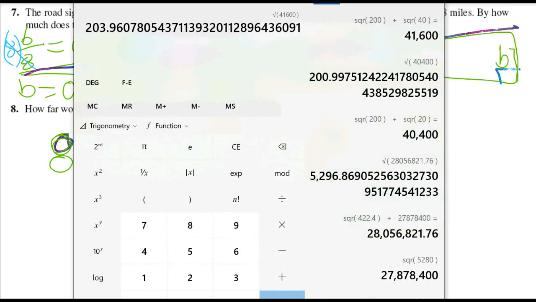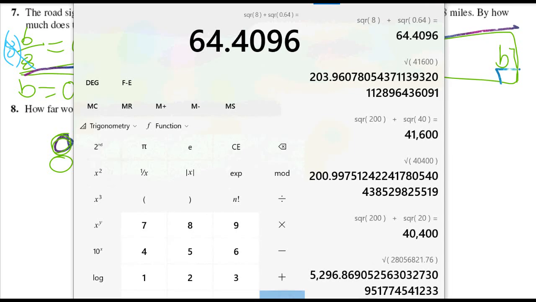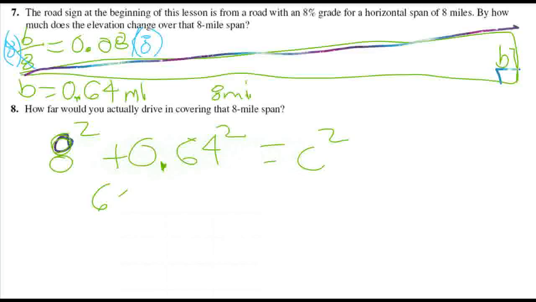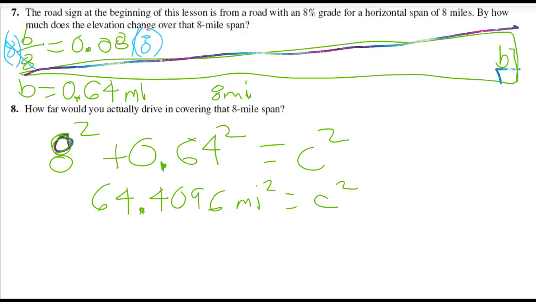So I go to my calculator. 8 squared is 64 plus 0.64 squared. 64.4096 miles squared equals c squared. I don't want c, I want to know the number of miles, so I have to take the square root of this.